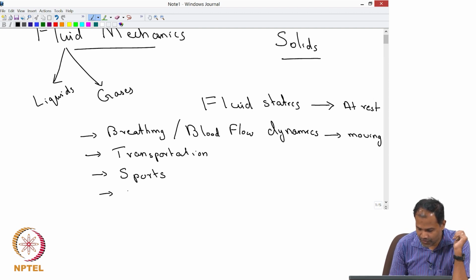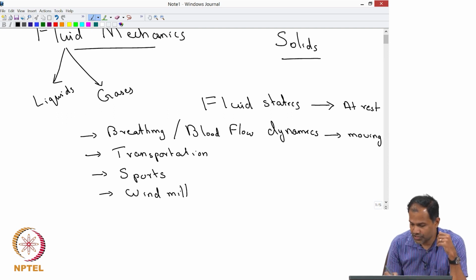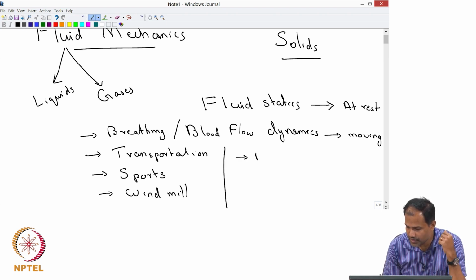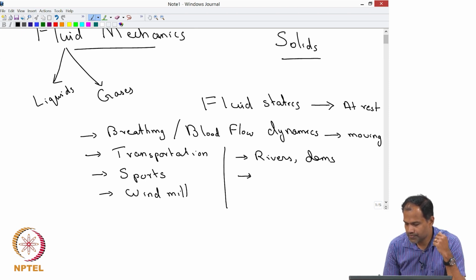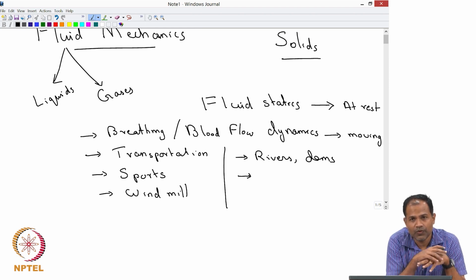Then things like, for example, windmills, where you are trying to extract energy. Cases like rivers, dams, and so on.